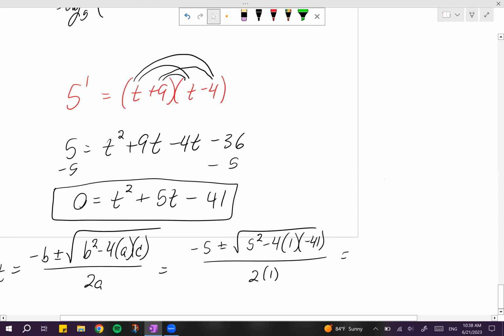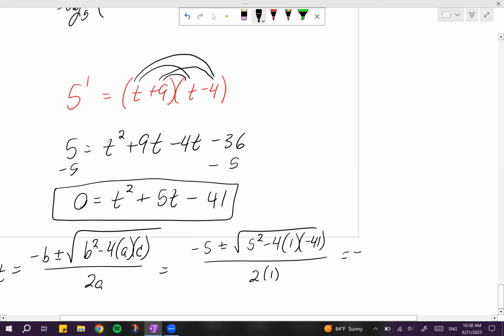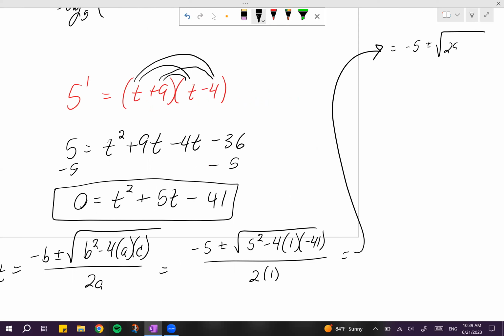All right, so this equals, I'm going to do it up here. Negative 5 plus or minus the square root of 25 plus 164 over 2, which is negative 5 plus or minus the square root of 189 over 2.